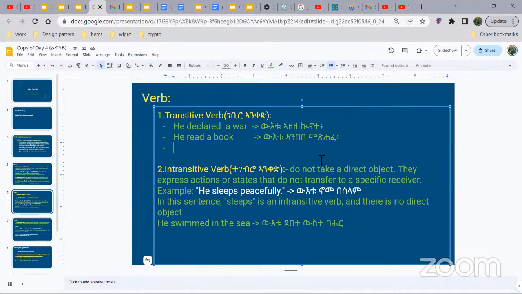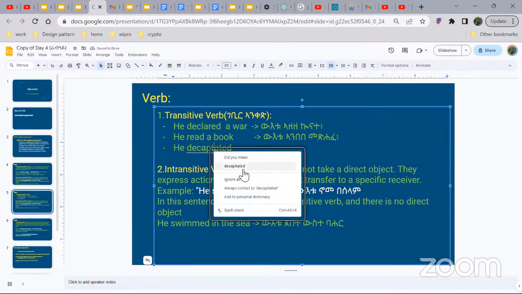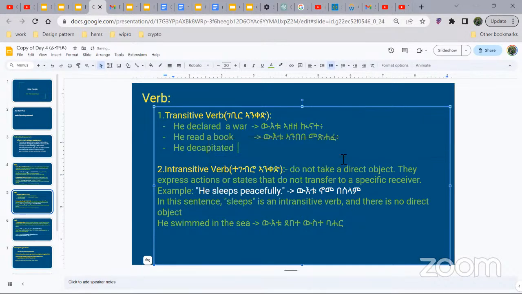He decapitated. What does decapitated mean? Like cut his neck. Cutting off someone's head.